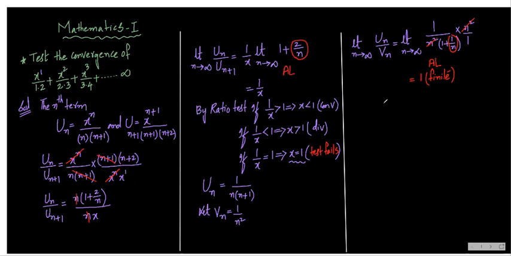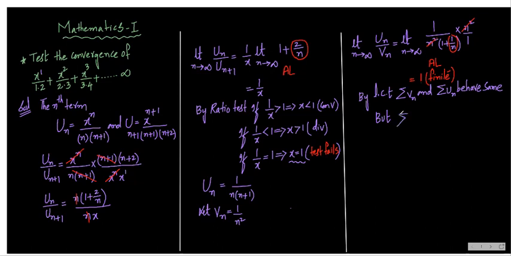Here I am writing, by limit comparison test summation vn and summation un behave same, but summation vn, what is summation vn? What is summation vn here?